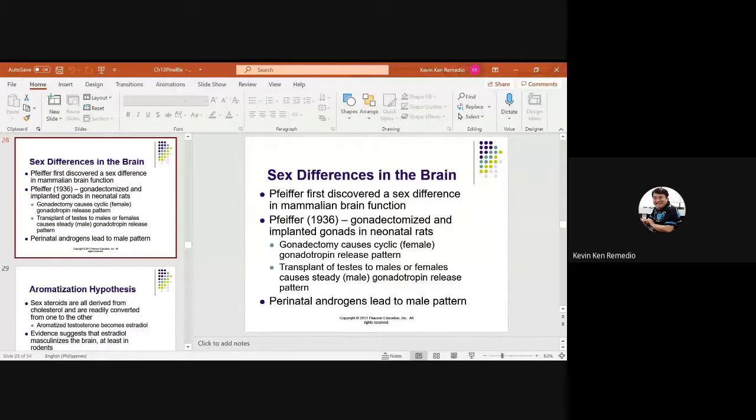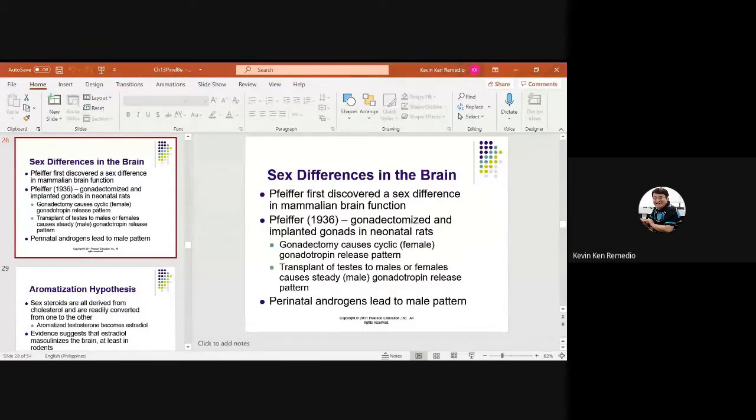So in 1936, a researcher named Joan Pfeiffer discovered that there were sex differences in mammalian brain function. So there are differences in mammalian brain function according to sex. In 1936, Pfeiffer gonadectomized and implanted gonads in neonatal rats.